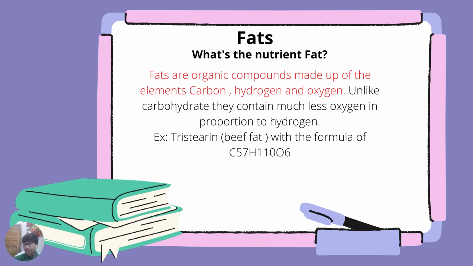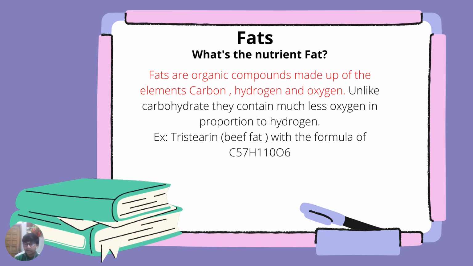Now, what are fats? Fats are organic compounds made up of the elements carbon, hydrogen, and oxygen. So they have similar elements in them as in carbohydrates, but the difference is that unlike carbohydrates, they contain much less oxygen in proportion to hydrogen. In carbohydrates, as we saw, the hydrogen and oxygen were present in the ratio 2:1.